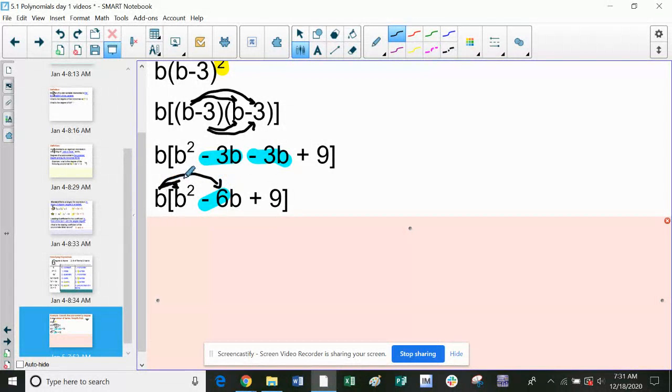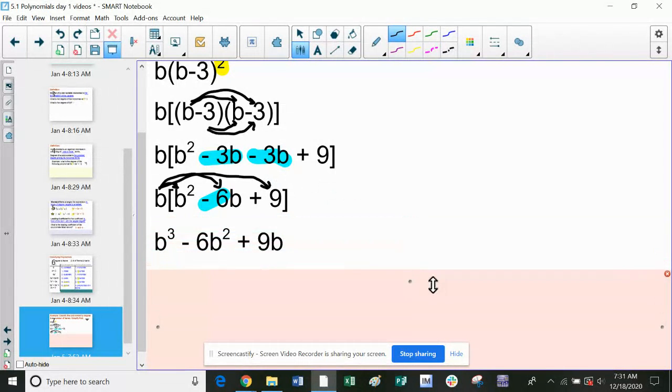But notice I didn't do anything with that until I had multiplied out the squared little binomial. So once I do that, b times b squared, that gives me 3 b's, 1, 2, 3, so that's b cubed. b times negative 6b, well, there's 2 b's there, b times b, so that's b squared. And then b times 9 is 9b.